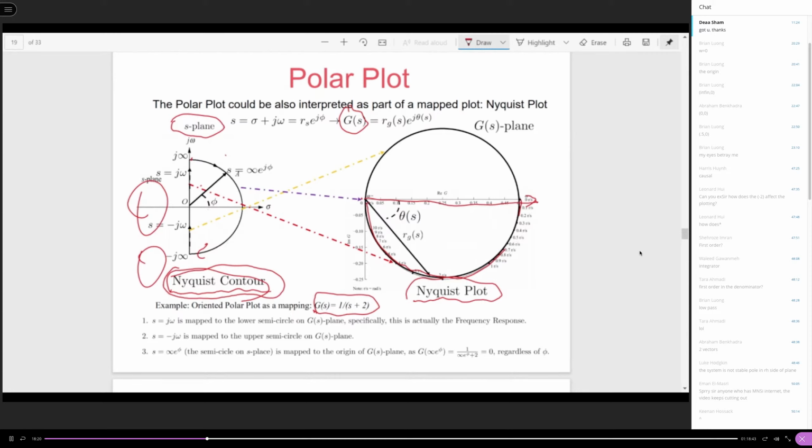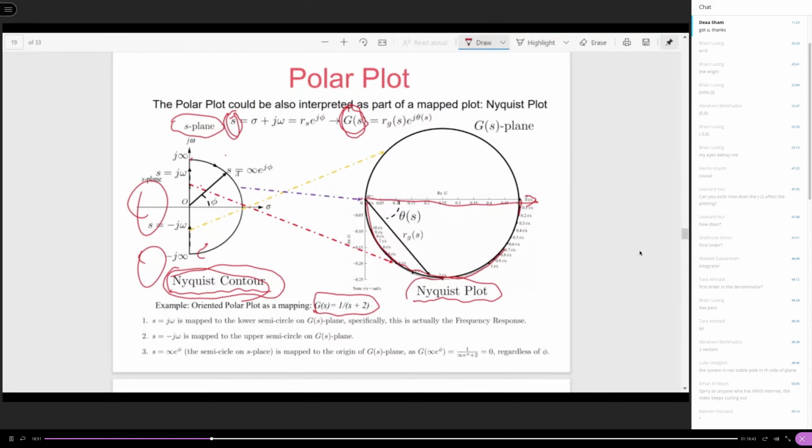I do not want s to go arbitrarily on the S-plane, otherwise I get confused. It would be a long way to figure out this mapping. Specifically, I restrict s to this semicircle, then take the value of g of s, the mapping, and see how it goes.